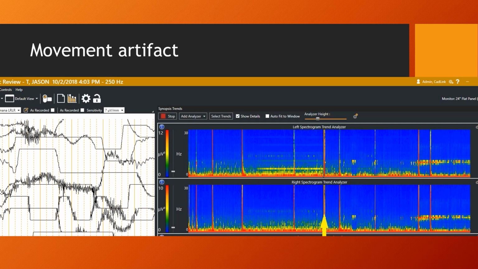Here's another one. I showed you this patient earlier when we were talking about the spectrogram, and you can see my cursor is placed on that red mark, and it's pretty universally red throughout the whole frequency range. That's something you'll recognize pretty quickly as an artifact. If it just obliterates the whole frequency range with high amplitude color, that's pretty indicative of an artifact.